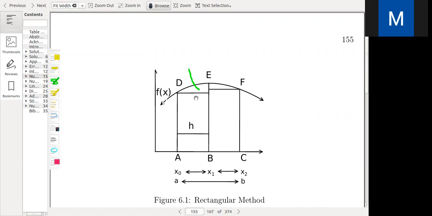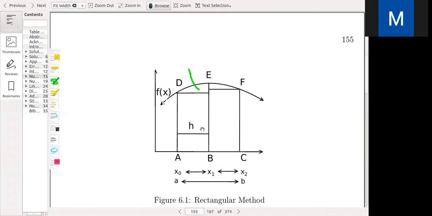So it means if we increase the number of rectangles, the accuracy will be higher, and if we take the number of rectangles in lesser quantity, the error will increase.